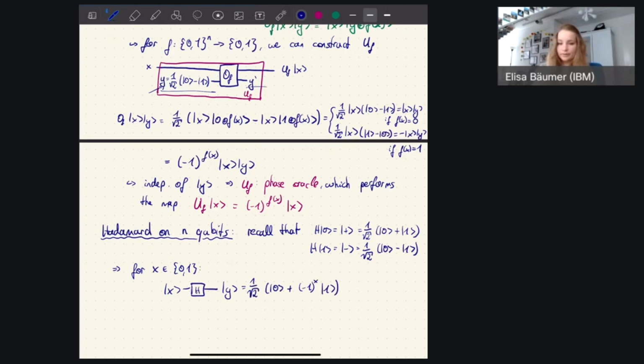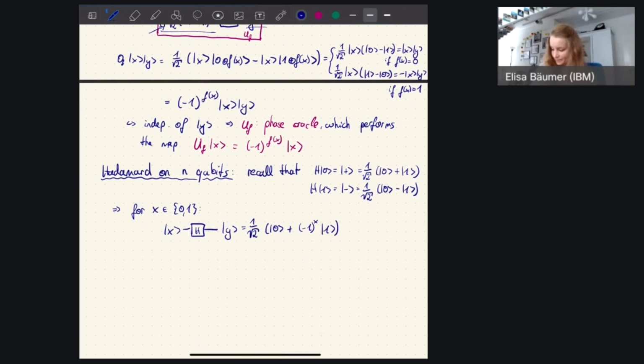And let's write it even more complicated. We can also rewrite it as 1 over square root of 2 times ((-1)^(0·x) |0> plus (-1)^(1·x) |1>). So now we just added this thing, which is anyway plus 1.